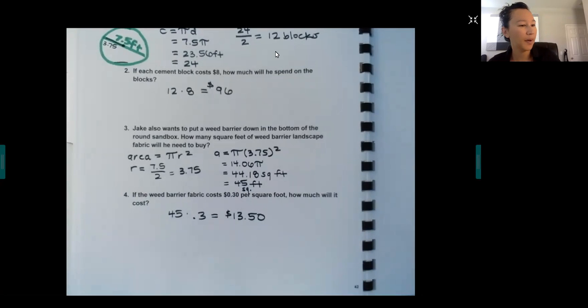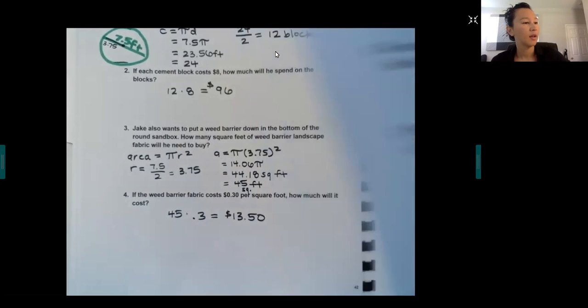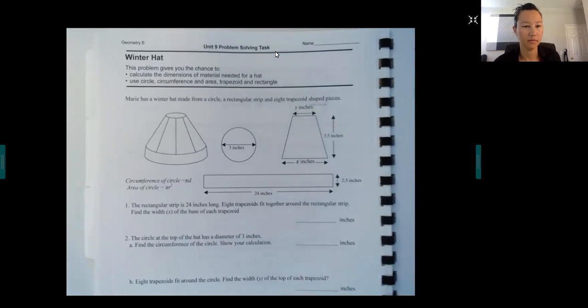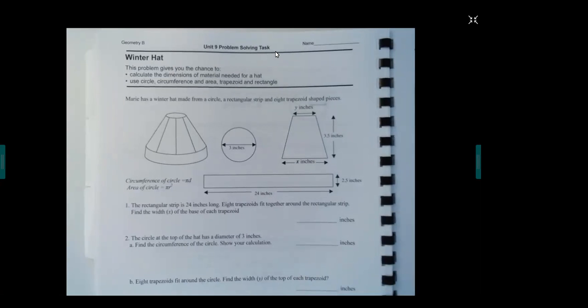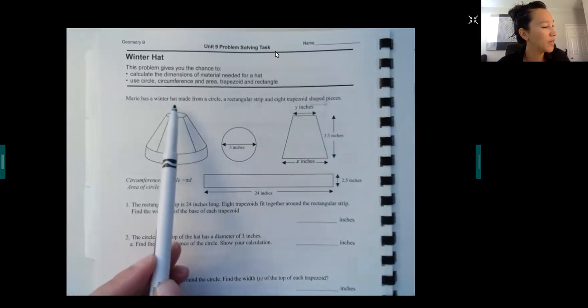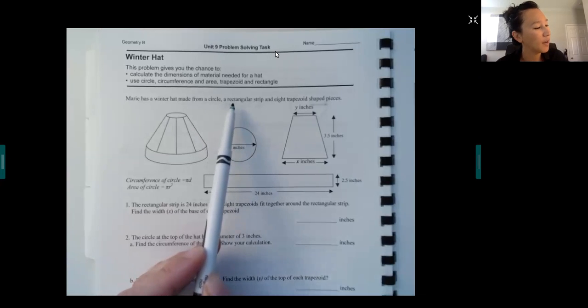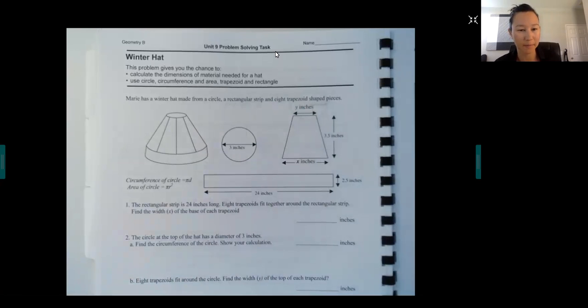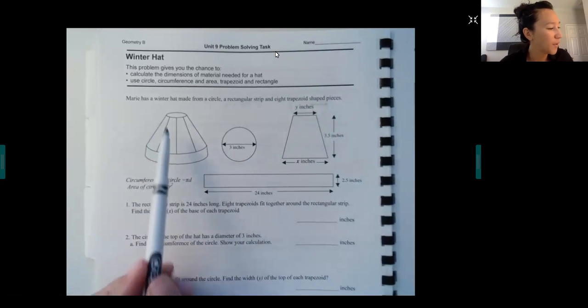All right, we'll go ahead and do the problem solving task. Marie has a winter hat made from a circle, a rectangular strip, and 8 trapezoid-shaped pieces. Here's the hat.